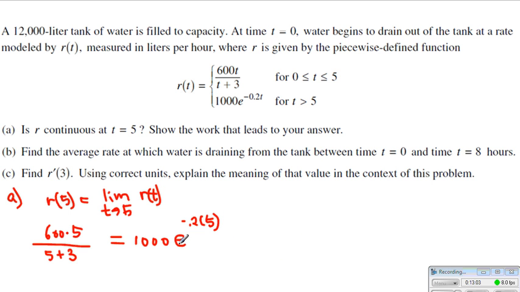Let us evaluate these two values first, because the limit as t approaches 5 from the left would be the same as this one.